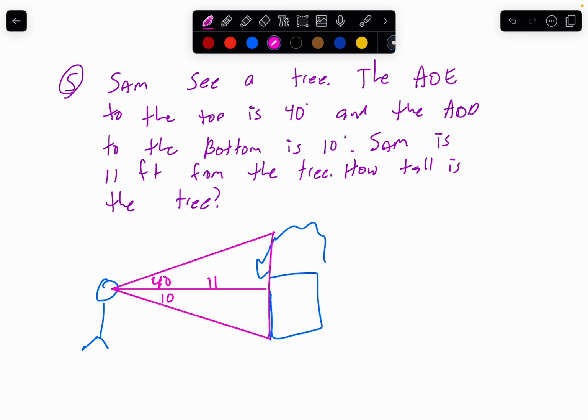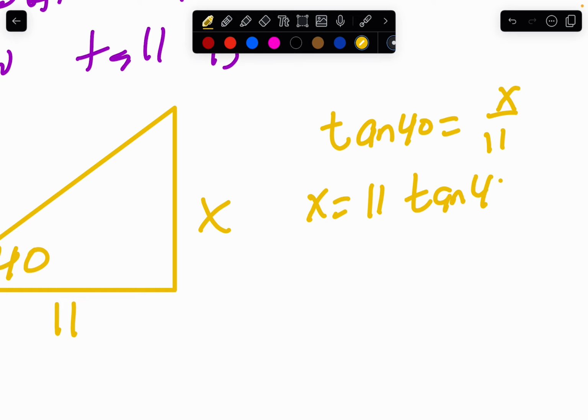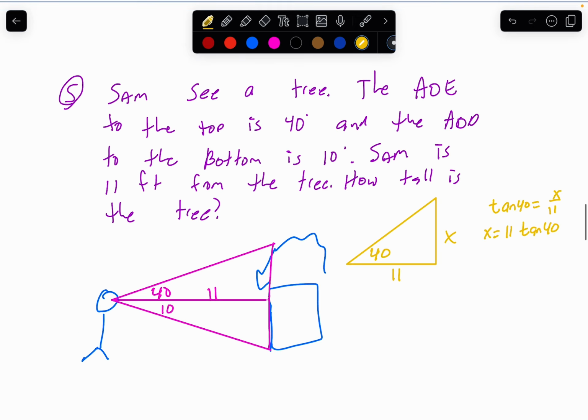So we have two triangles. The top triangle would have 40 and 11. I'll call this x. So that would be the tangent of 40 equals x over 11. So x equals 11 tangent 40. So that's this distance. That's the distance from his eyes up.